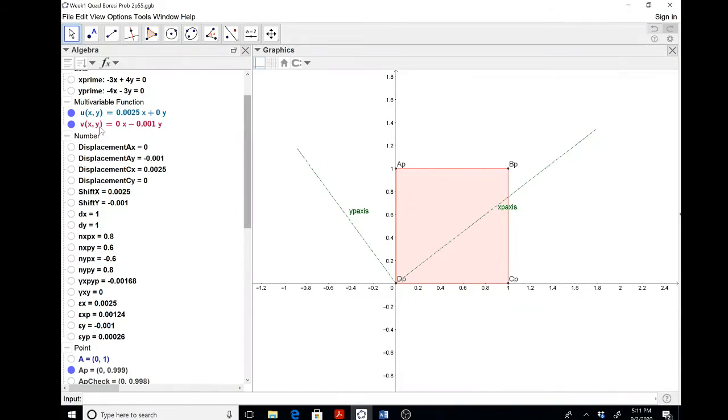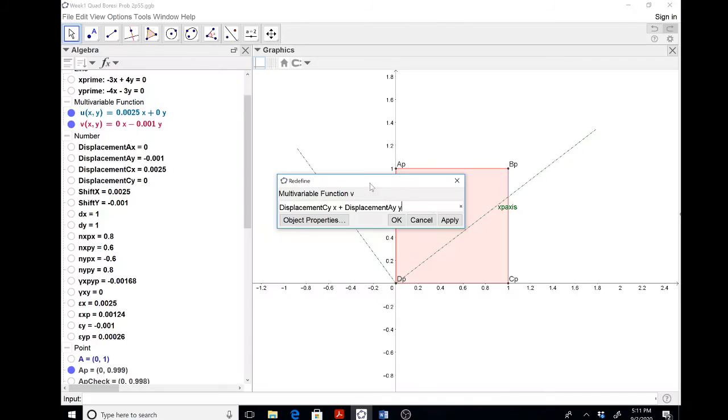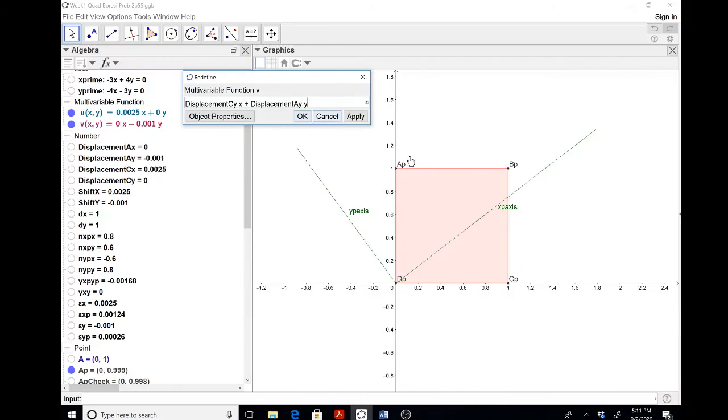And let me show you the V, because this is the hardest part. The variation of V is analogous to what I just said for the variation of U. The variation of V is how much is C moving in the Y direction, and then I swing all the way over here, how much is A moving in the Y direction. That's really, really cool, I think.